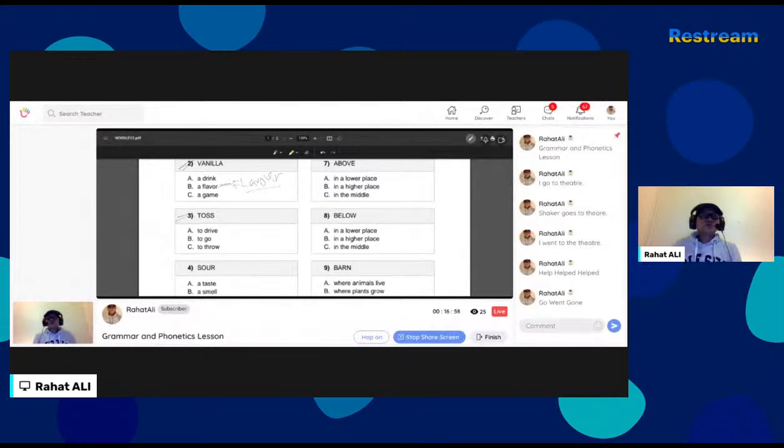So toss, when you use it as a verb, means to throw something carelessly. Like the bull tossed him up into the air. He glanced at the letter and then tossed it into the bin.